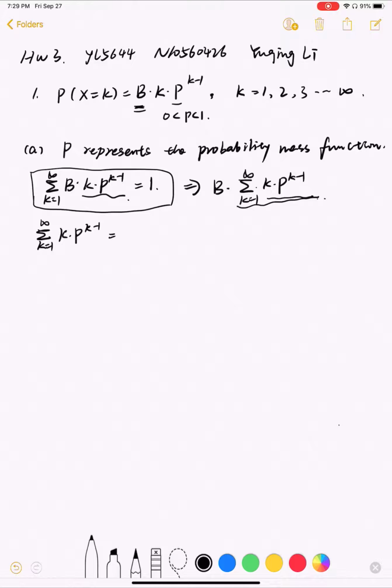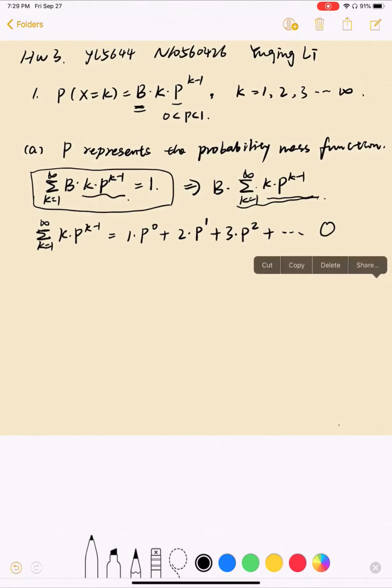This part, k is from 1, so the first part is 1 multiplied by p to the power of 0, plus 2 multiplied by p to the power of 1, plus 3 multiplied by p to the power of 2. This is the first formula.